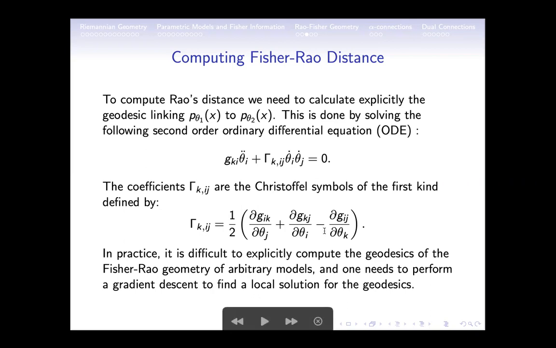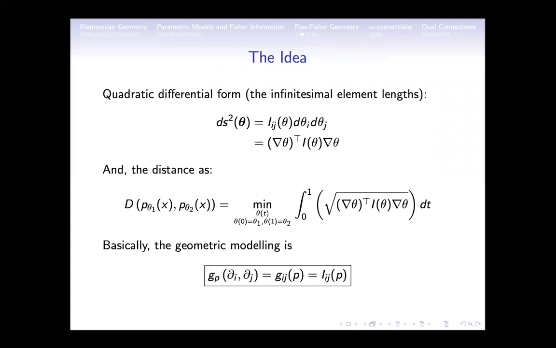The first kind Christoffel symbols are defined like this. There is no reason to break your head over all this, so let's move on. The important idea is that Rao modeled the statistical model, the manifold, by defining the Riemannian metric using the ijth entry of the Fisher information matrix, and essentially he defined this quadratic differential form.